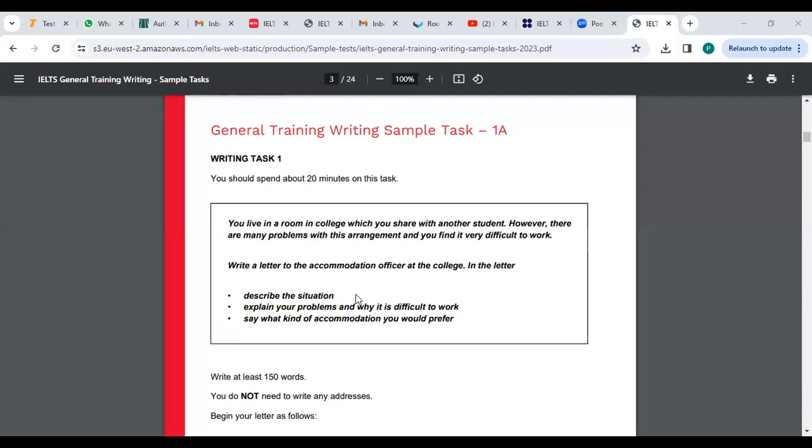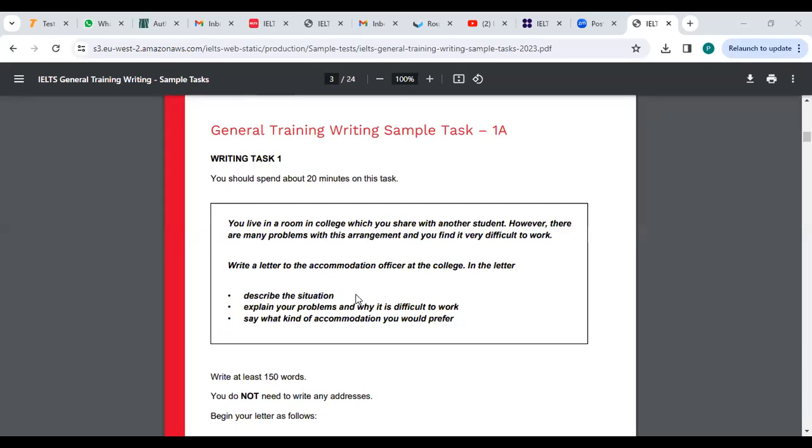You should spend about 20 minutes on this task. You live in a room in college which you share with another student. However, there are many problems with the arrangement and you find it very difficult to work. Write a letter to the accommodation officer at the college.